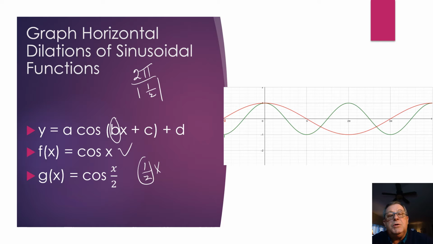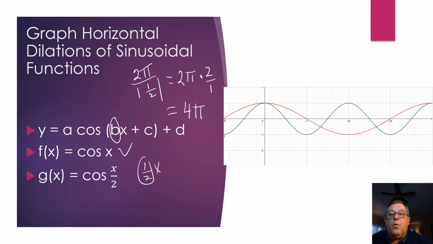So then we have 2 pi divided by 1/2, which is the same as 2 pi times 2, or 2 over 1 if that helps. In other words, dividing by a fraction is the same as multiplying by its reciprocal. And so our period, our dilation, is 4 pi.